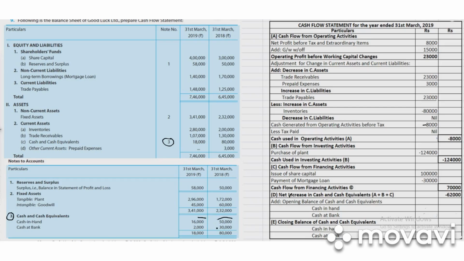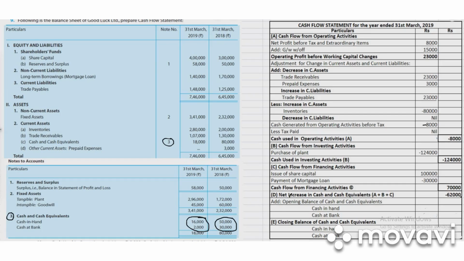Opening, you can see it here. This is opening, this is closing. For opening you will have to add both. This 50,000 is cash in hand and the cash at bank is 30,000, that means 80,000. But you will have to write it separately. So 2018 is the opening balance, 2019 is the closing balance.